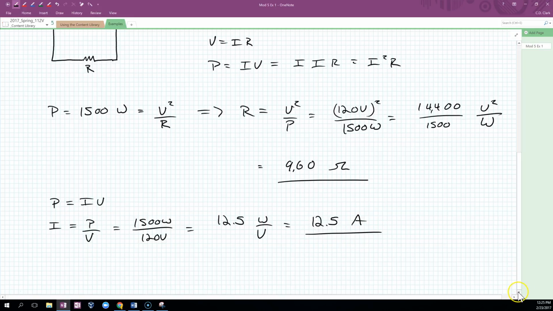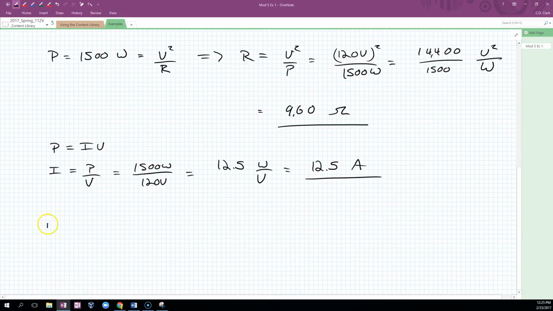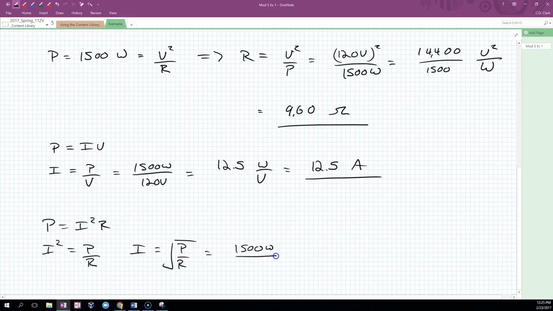The other way that I could have calculated this would be to use the power equation that involves current and resistance, because I also know the resistance. So power is I squared R. I squared is P over R. So the current is going to be the square root of P over R. So I've got 1500 divided by 9.6, and I take the square root of that, 12.5 amps.